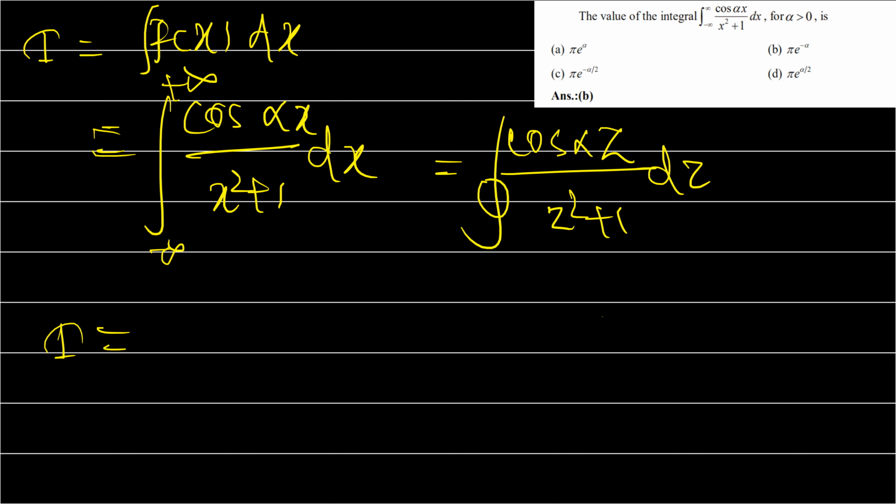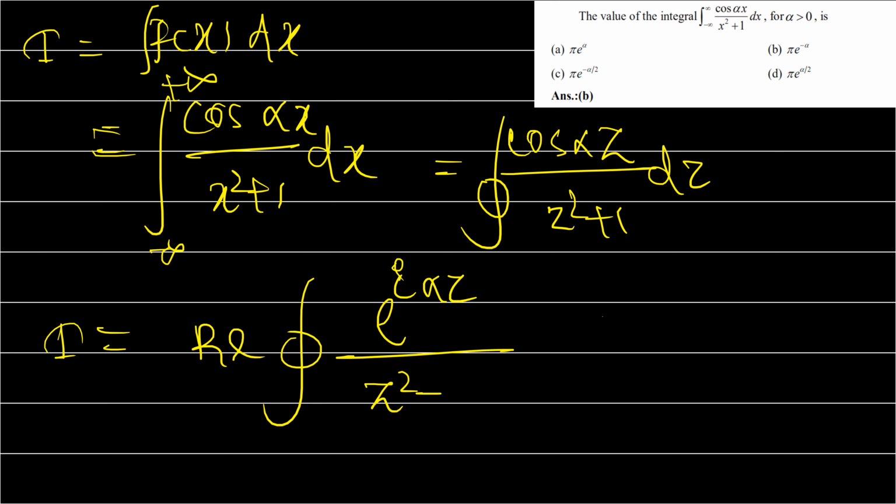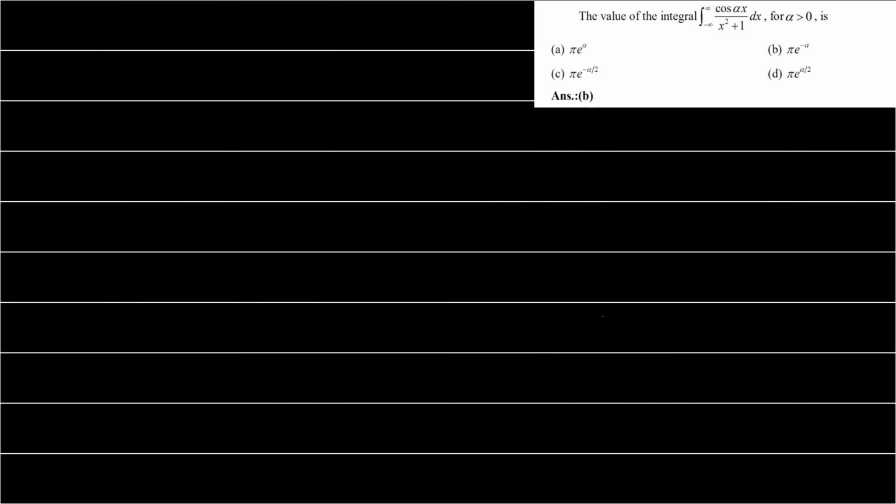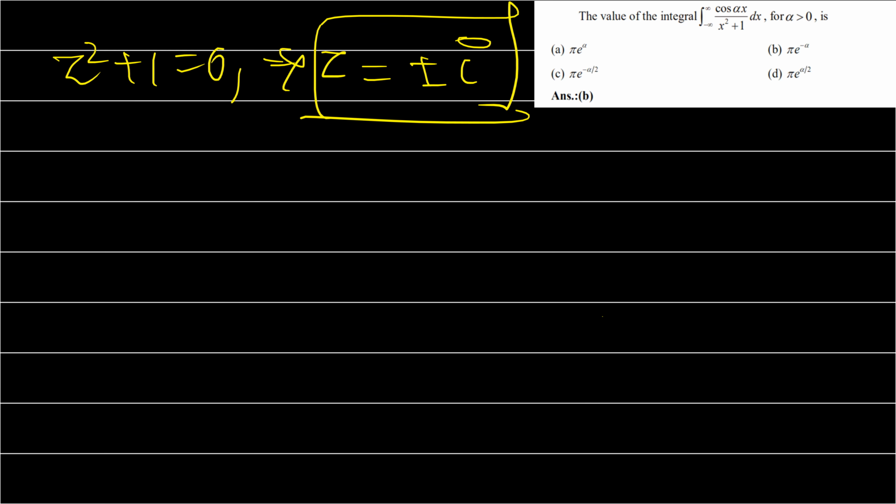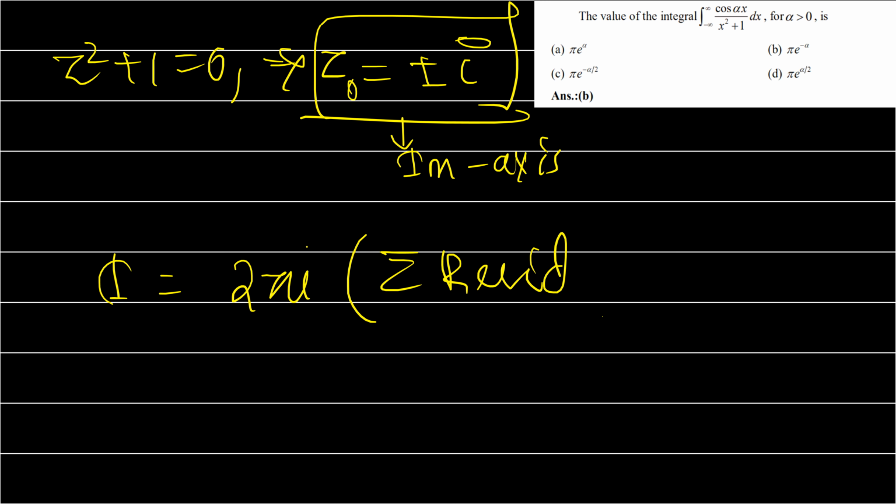So I is equal to the real part of the integral of e to the power I alpha z divided by z square plus 1 dz. Now let's find the pole. z will be equal to plus or minus I. This is a pole lying on the imaginary axis. So the formula: I will be equal to 2 pi I into the summation of residues in the upper half plane.